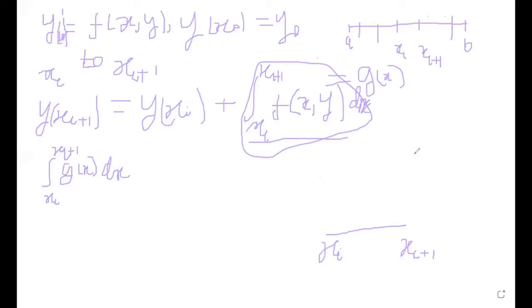Suppose this is the curve of g, so basically my objective is to find the area under this curve between x_i and x_{i+1}. So I have to find this area.